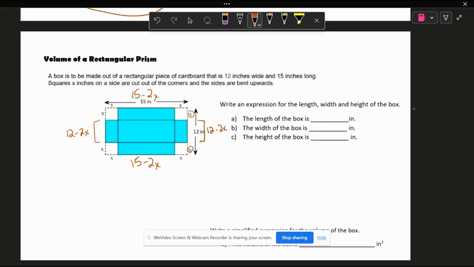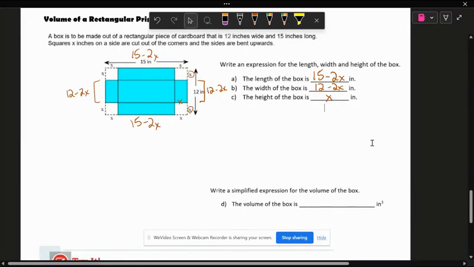So our length is 15 minus 2x inches. The width is 12 minus 2x. And then the height, well, when we fold those sides up, it's that height, which is just x. So that's going to be the 3 dimensions there.